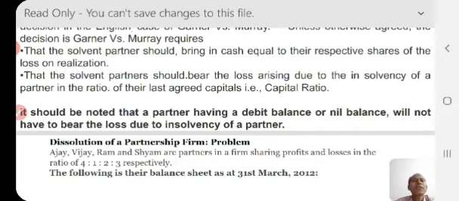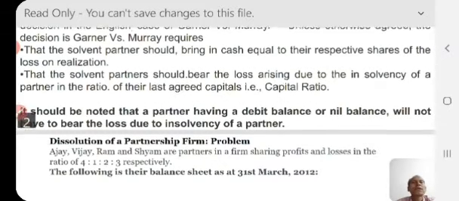That is, the solvent partners should bear the loss arising due to the insolvency of a partner in the ratio of their capitals.